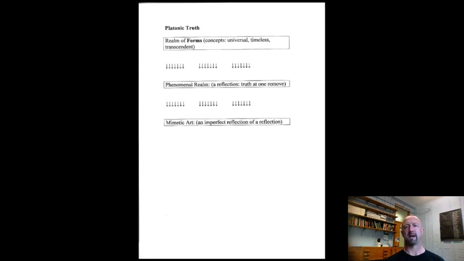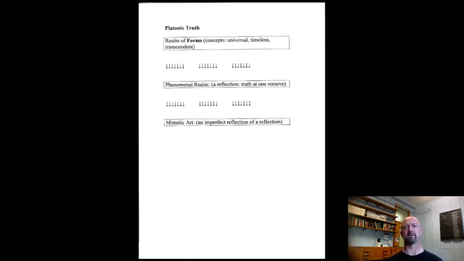Plato believed that the world that we lived in, the world that we sense, the world that we exist in, was actually an imperfect reflection of a more perfect realm that he called the realm of forms, or the realm of the eidos. It might help you, although he wasn't really thinking in these terms, to think of that old idea that the Greek gods up on Mount Olympus are kind of the perfect realm, and our realm is almost like a shadow play of that realm up there on Mount Olympus.